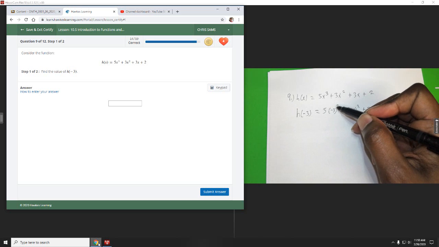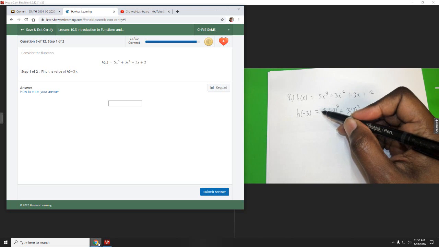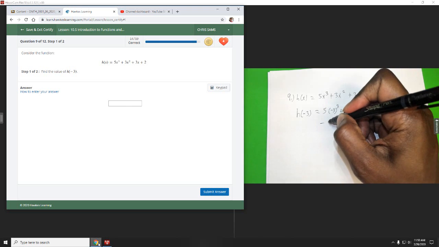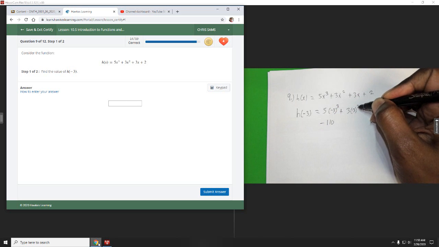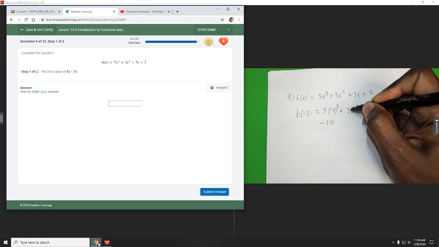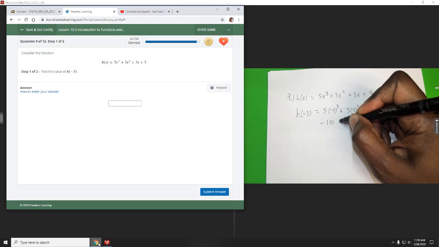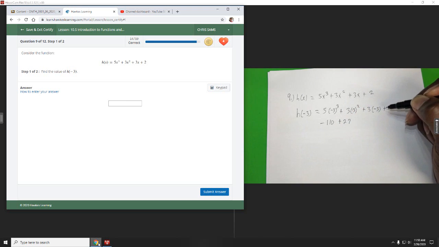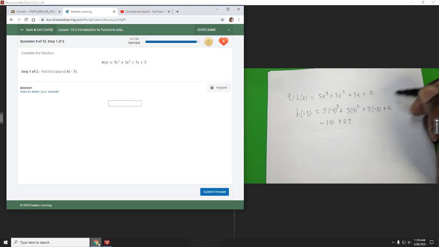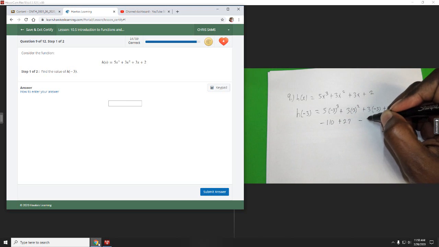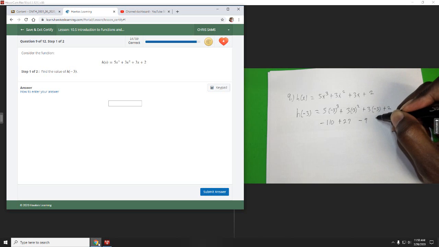-3 times itself 3 times will give us a -27, and then times 5 will give us -110. -3 squared will give us a +9, times 3 will give us a +27. Then +3 times -3 gives us a -9, and then plus 2.